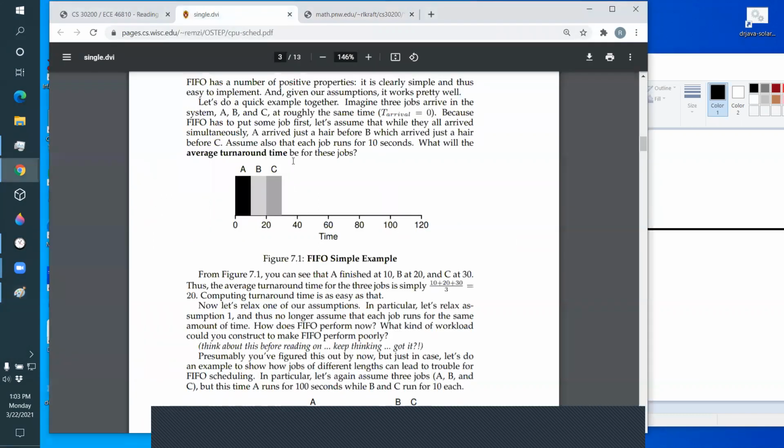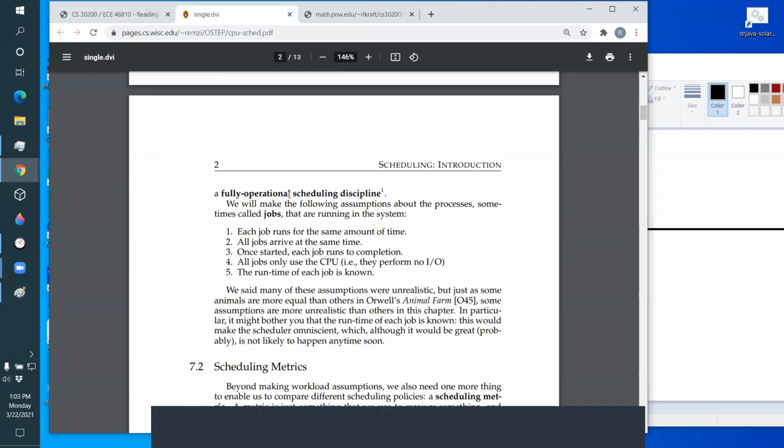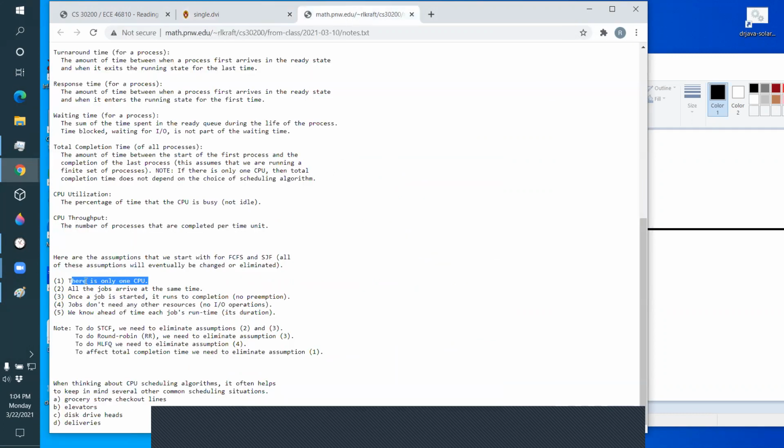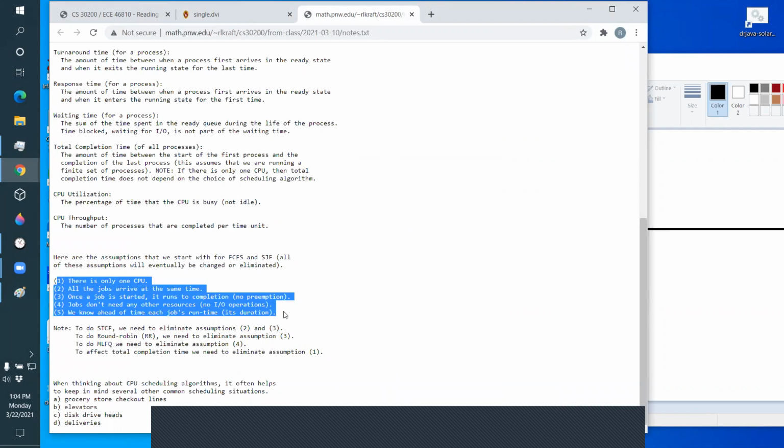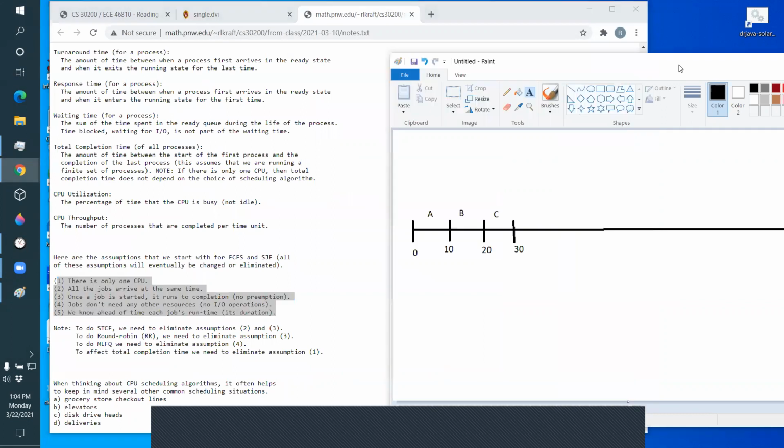So for example, if you go back over here in the textbook, here are his assumptions. These are the assumptions he's going to use for a little while. Here's another way to write them; I wrote them down here. We're assuming that we start with three jobs, A, B, and C. They all take 10 units of time, and we can't interrupt them.